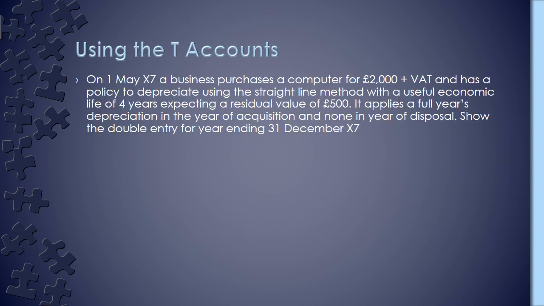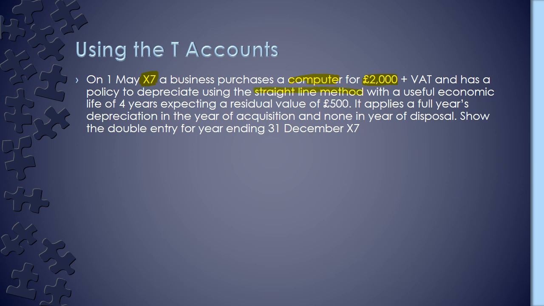Okay, so let's work through one of our first examples that we went through earlier. Just to highlight the important parts, we know the year that we purchased in, we know we're purchasing a computer, and we know it cost us £2,000.